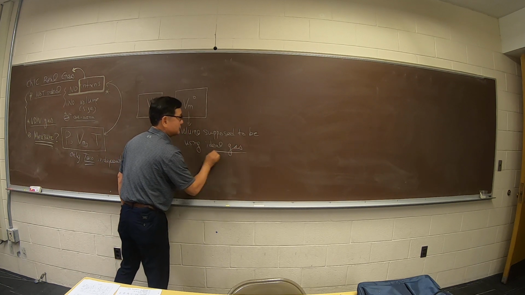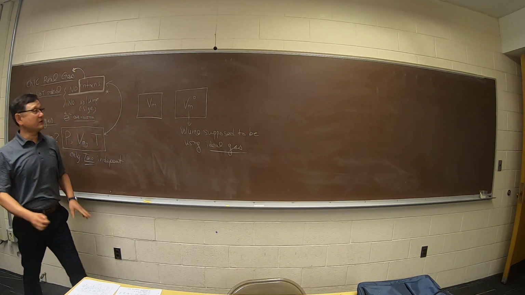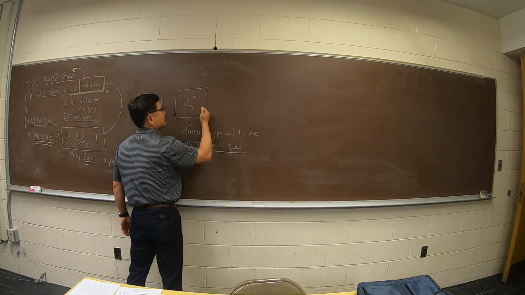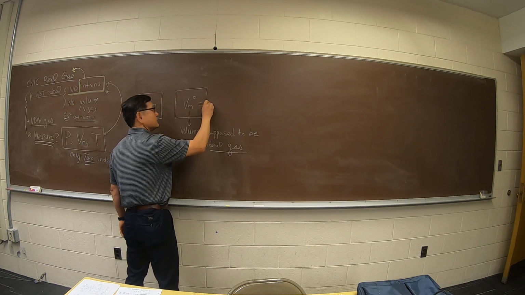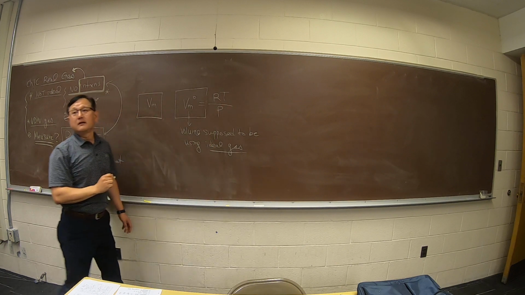So I'm assuming this; this is not an actual real volume. I'm using the equation of state. Then what is the volume prediction for your ideal gas? RT divided by pressure, right?